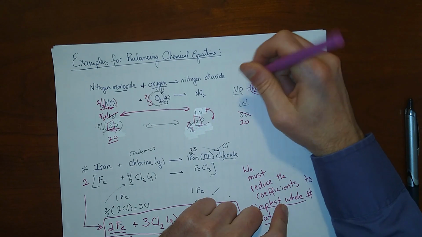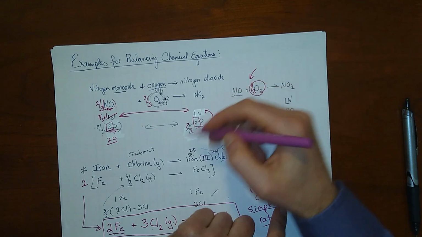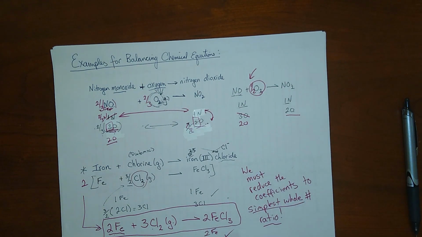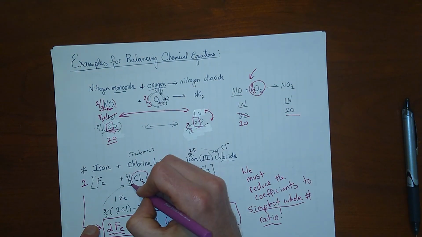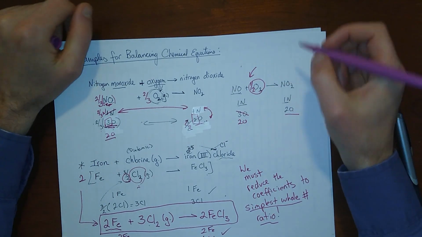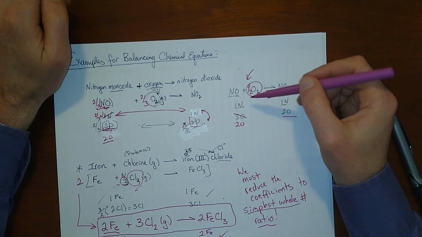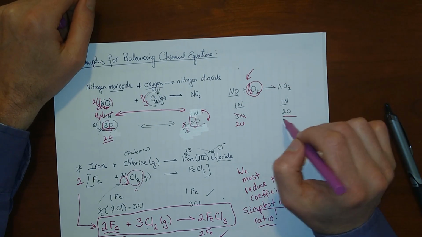And this is what you're going to see a lot with these reactions involving oxygen or other diatomic elements, is this fraction of something over 2. Usually you can reduce it to a 1/2. Okay, so that's going to give me balance.